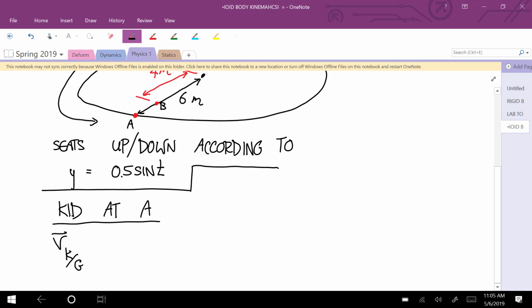And we'll do that as the velocity of the kid relative to that point A, plus the velocity of that point A relative to the ground.